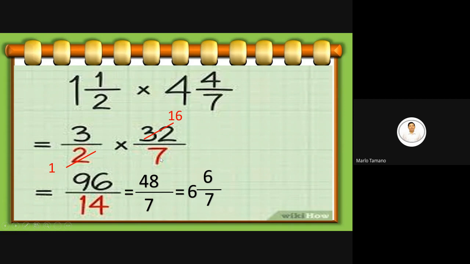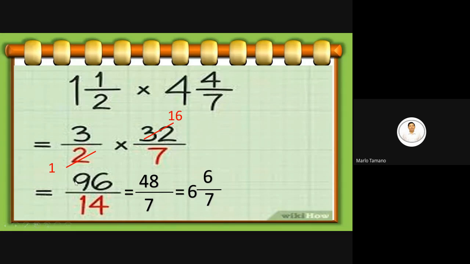Now, without the cancellation process, you simply follow what is instructed in the first slide. So 3 times 32 is 96. 2 times 7, that is step number 3, is 14.